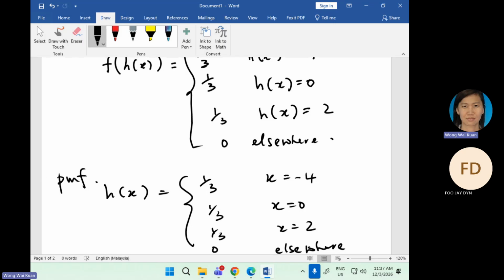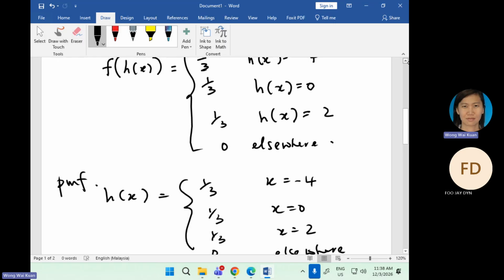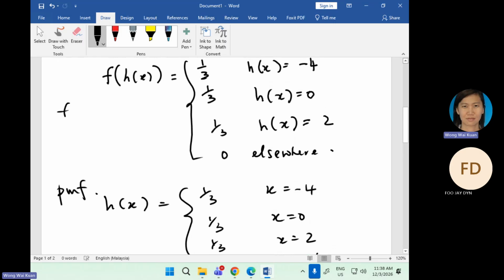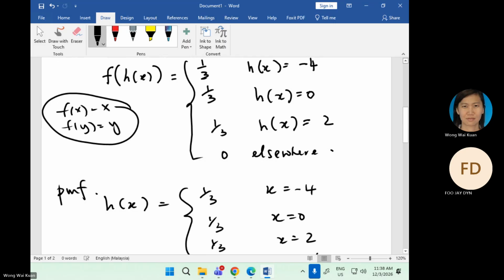This also can, because it's just like what we have just now, right? If your f(x) equals x, then f(y) equals y. They are the same thing, right? And if I want to call a function, I can call a function f(x). I can also call a function g(x), right?